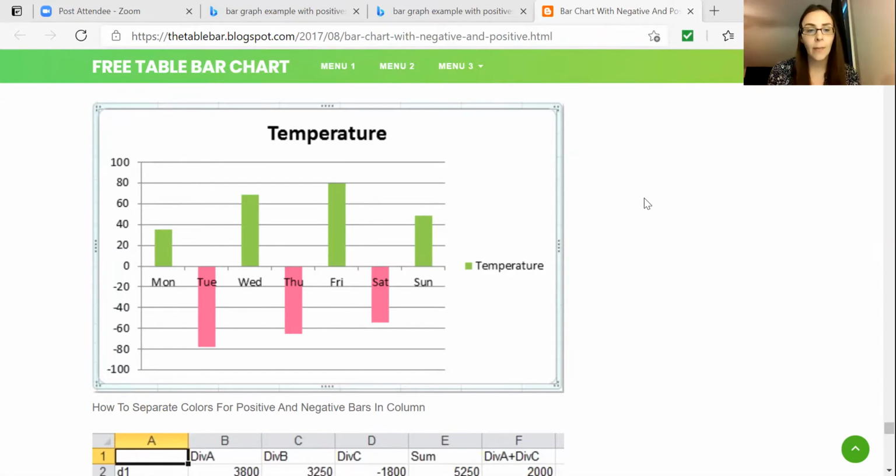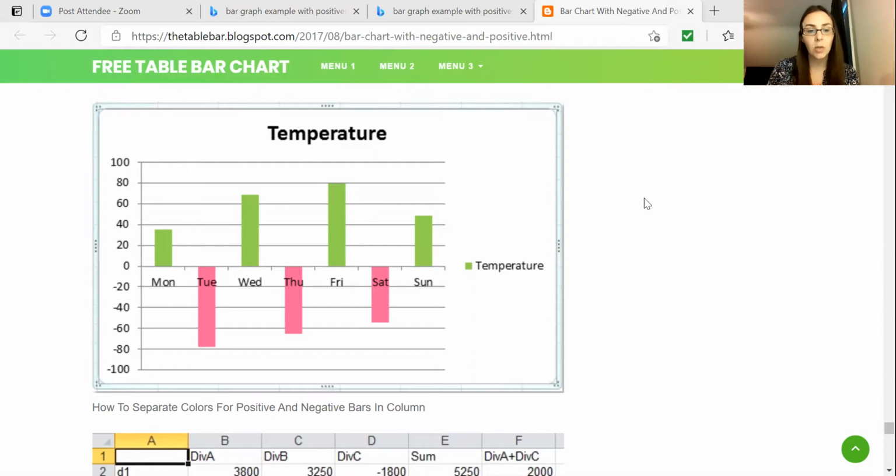But the temperatures for Monday, Wednesday, Friday, and Sunday are all positive. We look at the height of those bars: Monday is almost 40 degrees, Wednesday looks like it's around 70, Friday is positive 80, and then Sunday is at around 50 degrees. So those are all positive values. When you have the bars that go underneath like this, here it's the pink colors, Tuesday, Thursday, and Saturday, these represent negative values.